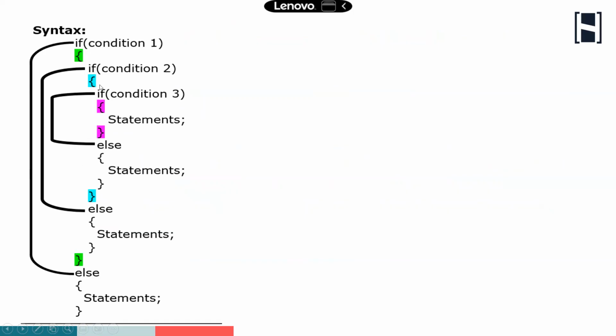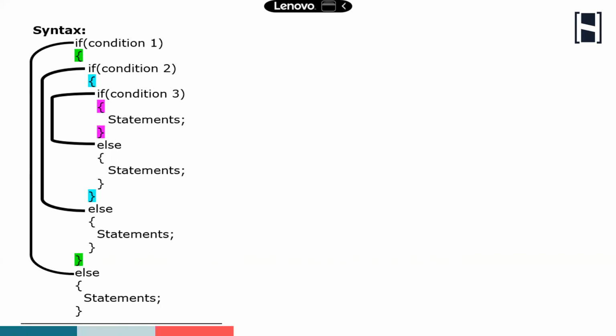Just to show the coloration, I have done it differently for us. See here, this is the opening and this is the closing. The entire condition 2 is nested inside my condition 1. In the same way, look at condition 3. If and else, both are nested inside the body of my condition 2. That is why we call it a nested if-else.